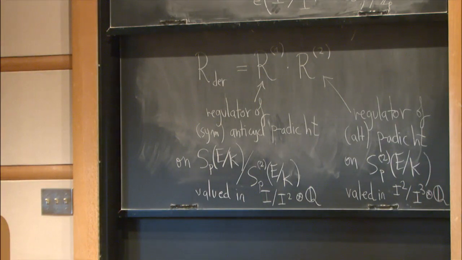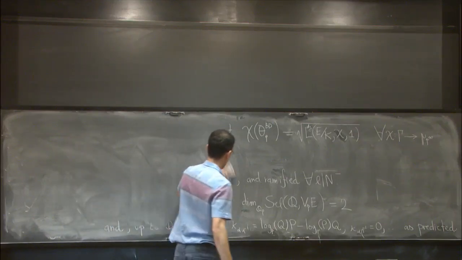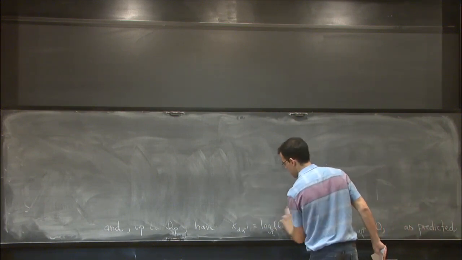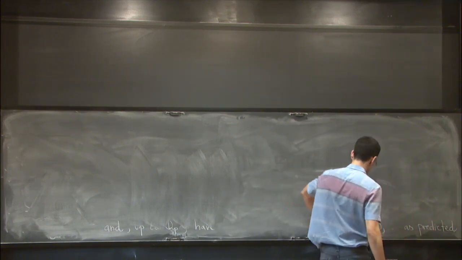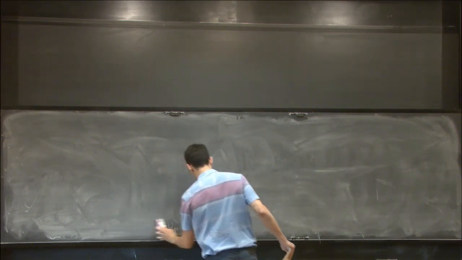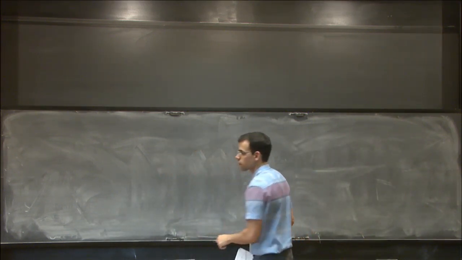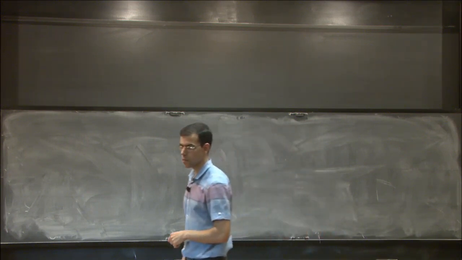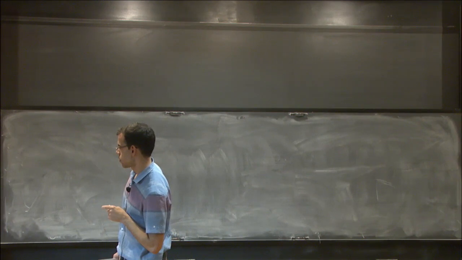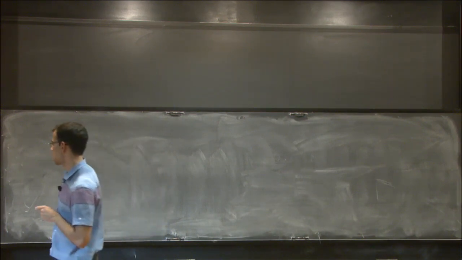So R1 is in this I mod I squared, and the other thing is I squared mod I cube.